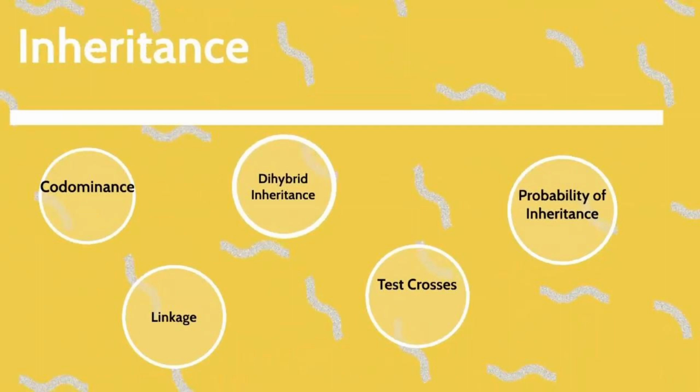We talked about dihybrid inheritance, where we're talking about 2 different genes being passed on and how we use those with the Punnett square. And then we also talked about test crosses and how we can work out what the unknown parent's genotype is from the phenotype of the children. And then finally, we just went over some common probabilities of inheritance.